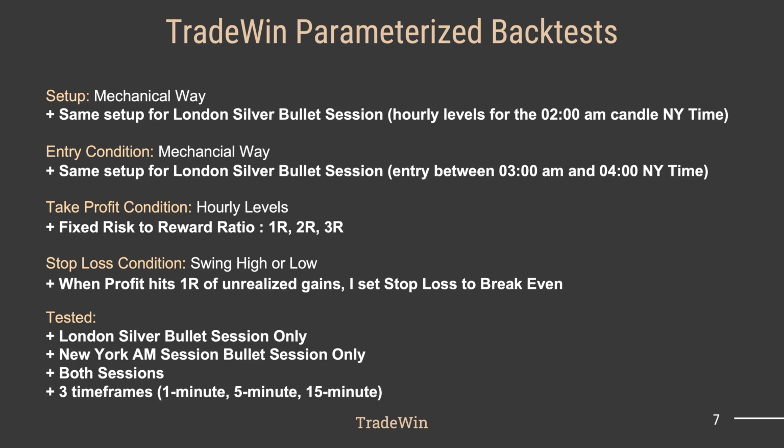Fine. Summing up everything, we got variations tested on the London session only, another set of strategies that only trade the New York AM session, another set that would combine both London and New York AM sessions, and I tested different time frames to see if this was interesting or not.